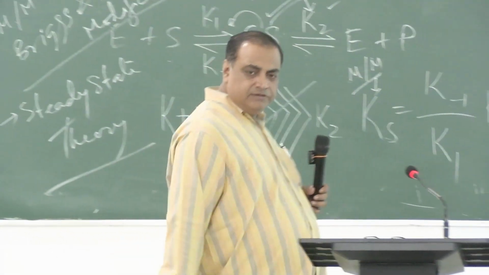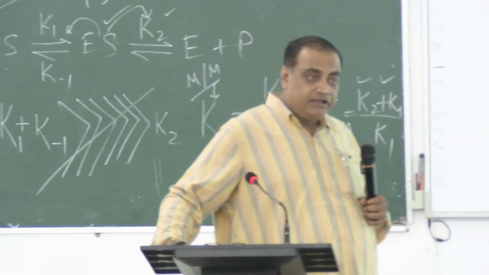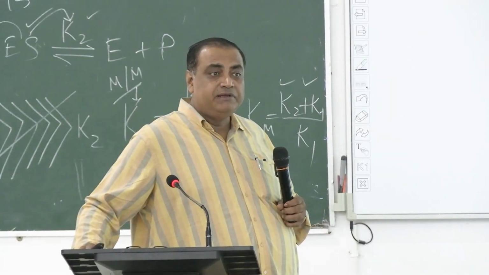See? So velocity will be decreased and Km remains the same. In competitive inhibition, Km was altered, Km increased, and Vmax remained the same.